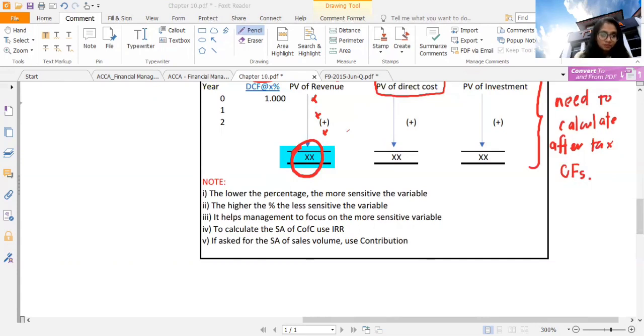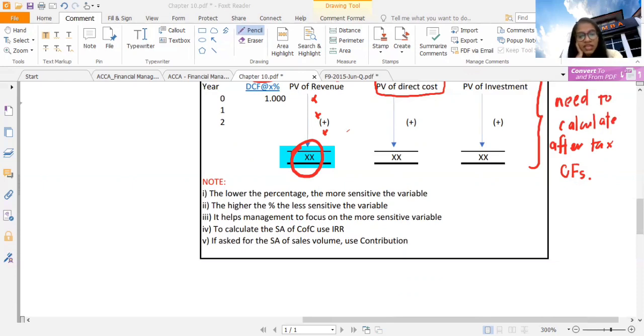Okay, so if you look at the information that has been given to you, you need to identify which variable is actually the most sensitive by looking at the variable with the lowest percentage. So the lower the percentage, the more sensitive your project NPV variable is.